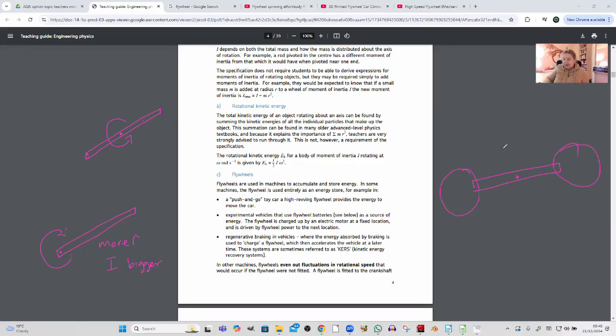Can you see that the kinetic energy of the whole thing is going to be a half I omega squared. And of course, I is the mass of this times that r squared, and the mass of this times that r squared, added together, which is this bit. And you've got to then multiply it by omega squared in order to get the kinetic energy.